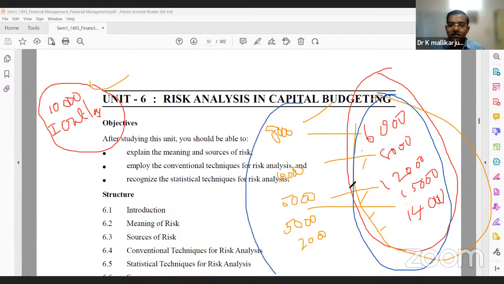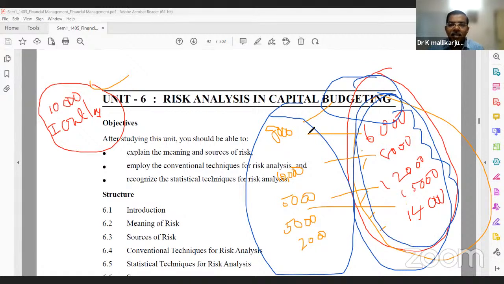Now see here, the difference is there. In capital budgeting, the budgeting is estimations. These are the estimations, and these are the actuals. Actuals are different from budgeted figures. Why is it different? Because of the risk involved. Risk is nothing but the difference between whatever we expected and whatever we received.